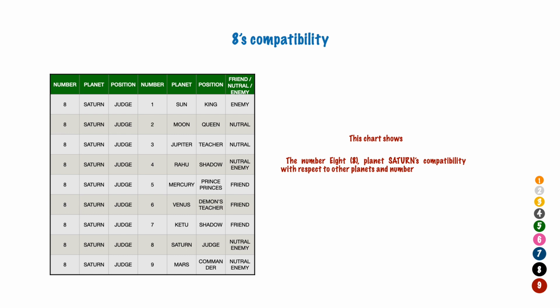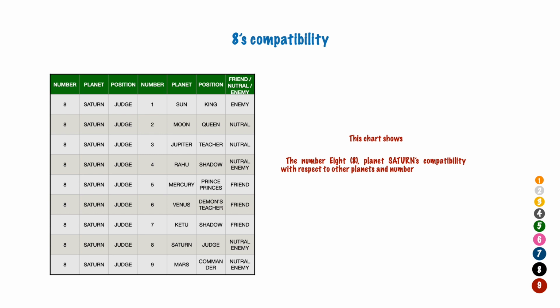Likewise, number 8 and number 3 will also be neutral. Number 8, number 4, it could be neutral or enemy. Number 8 and number 5 would be friend. Number 8, number 6 would be also friend or neutral at some time. Number 8 and number 7 would be friend or neutral, but they are not enemy.